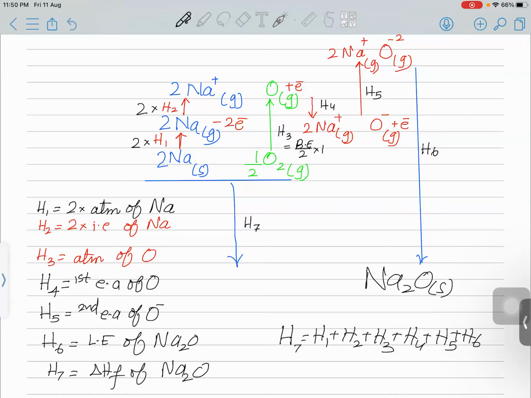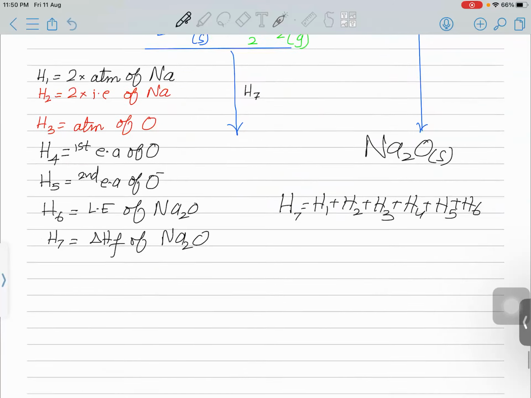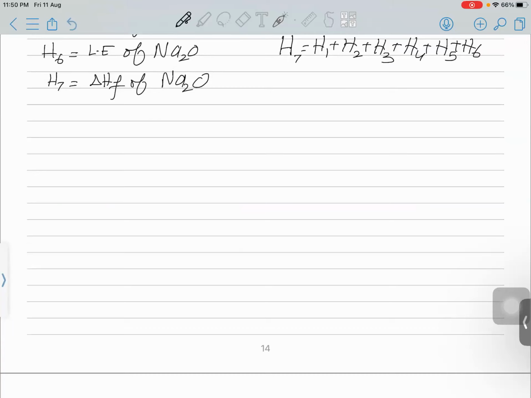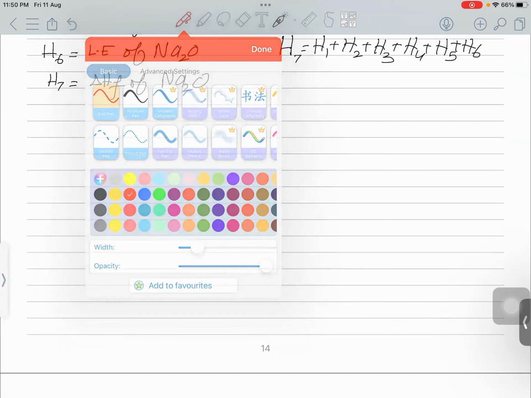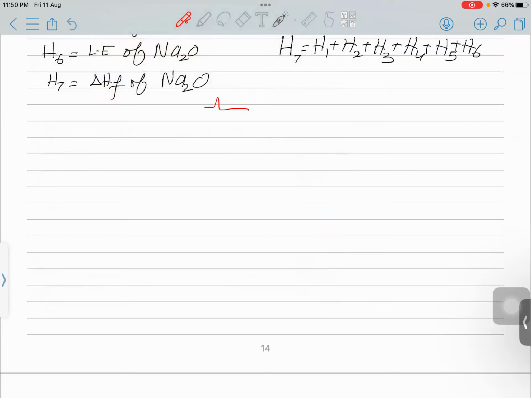Now next is case number 5. Group 2 plus group 16.